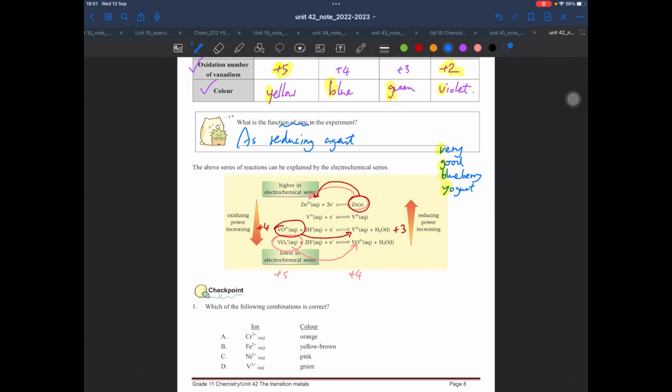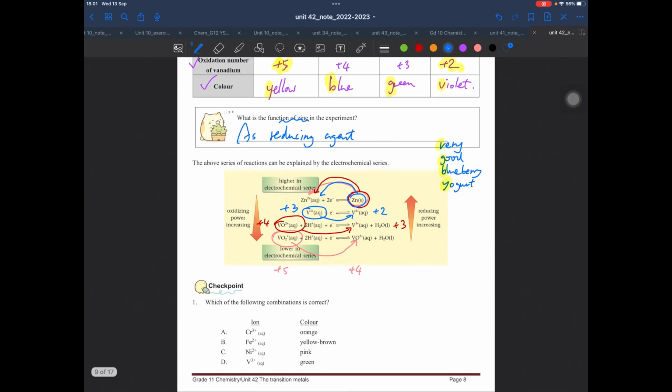And finally, V3 plus is here. So again, in case there is zinc, V3 plus becomes V2 plus. In unit 42, all you need to learn about the electrochemical series is that the steps are multiple, more than one step involved. So please keep in mind, okay?